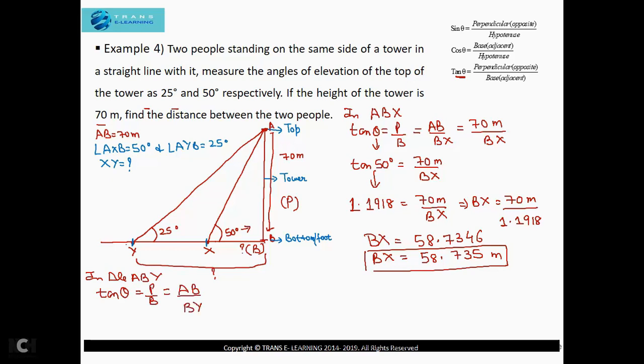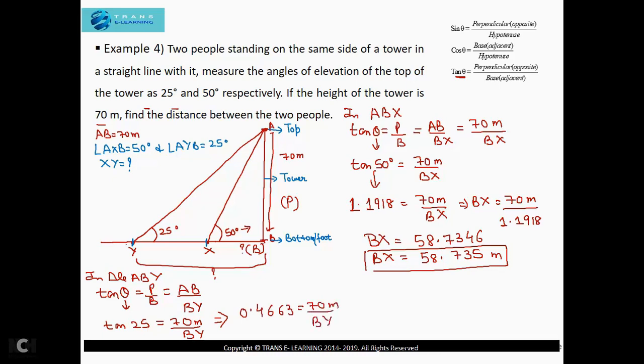So on substituting the value of theta, it will become tan 25 will be equal to AB, that is 70 meters, and BY we need to find. On finding the value from natural tangents, tan 25 will be equal to 0.4663, that will be equal to 70 meters upon BY.